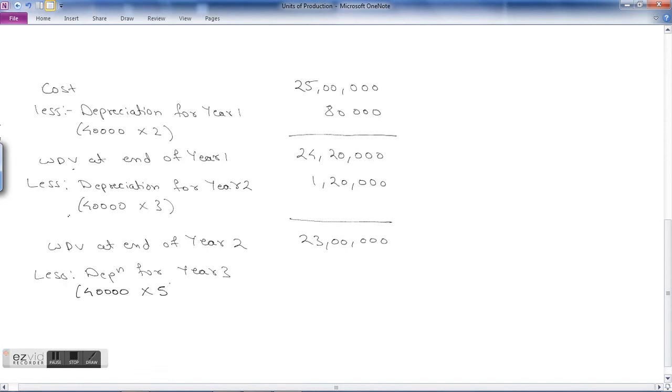That comes to 2 lakh. So WDV at the end of year 3 is 21 lakhs. Okay, now next.